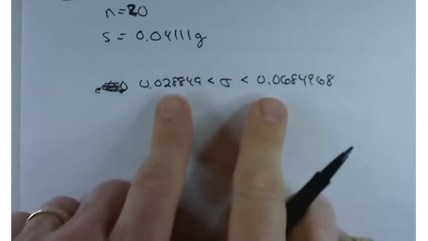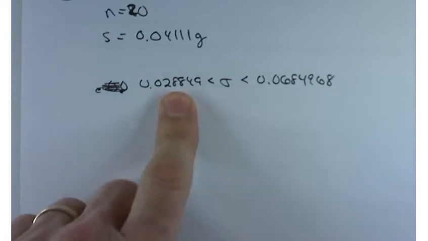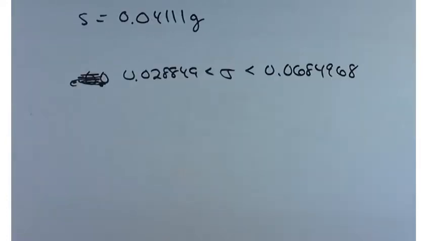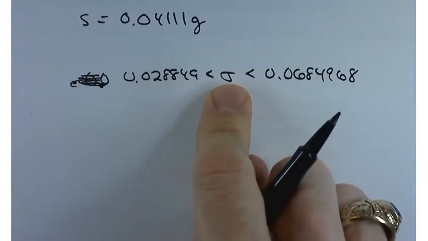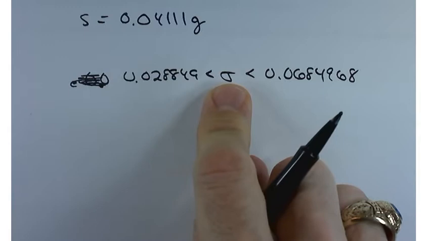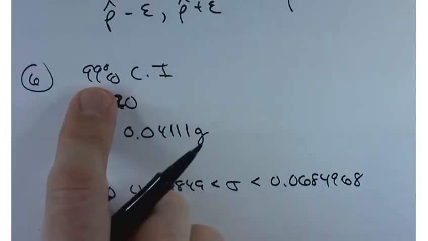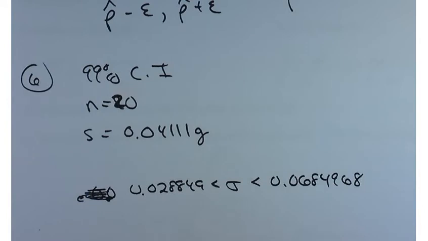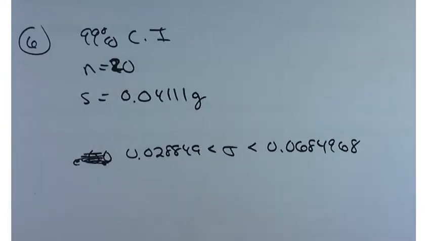There's no probability associated with this anymore other than a 0 or a 1. It either contains this population parameter or it doesn't. We don't know which. The procedure will work 99% of the time if our assumptions are met, but we don't know if this is the 1% or not. But we can be pretty confident in it.